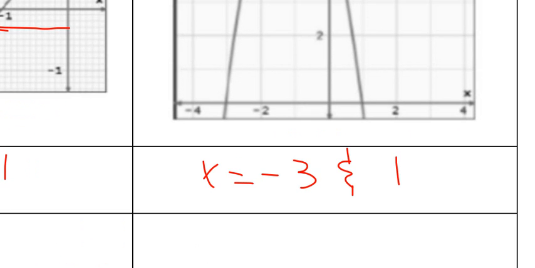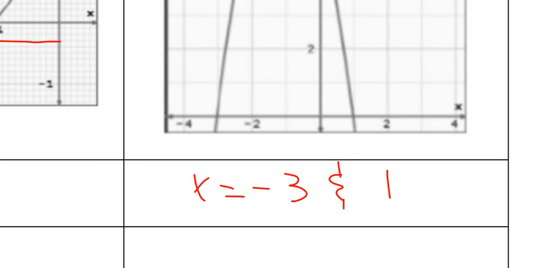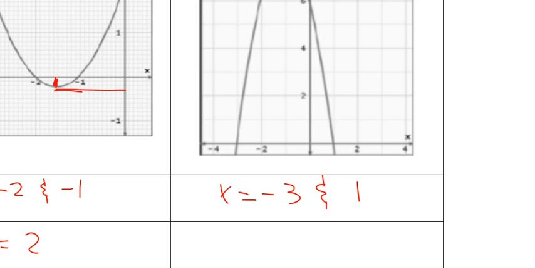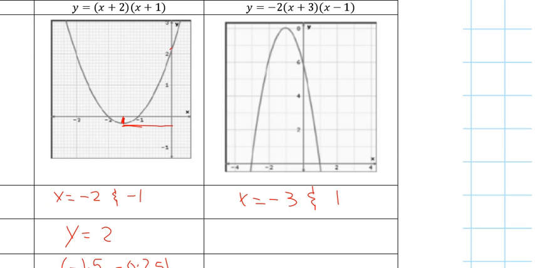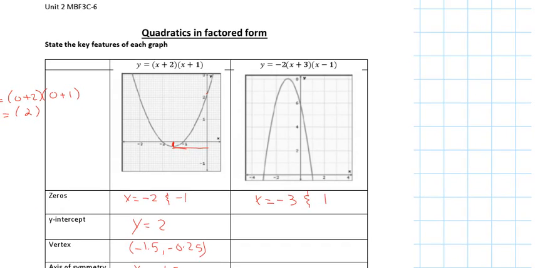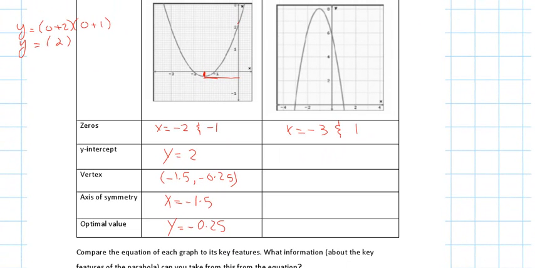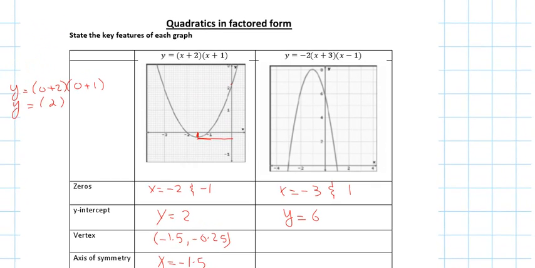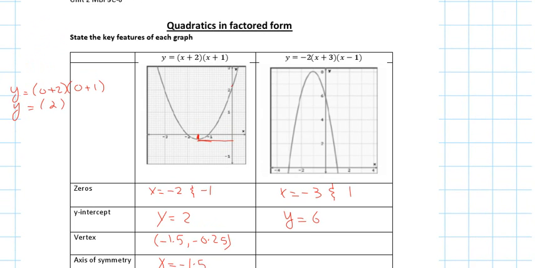You see it's right there in the middle between 0 and 2, and this is between negative 2 and negative 4. Y-intercept? To the best of our ability, let's do it. 0. So that's going to be 3 minus 1, so that's 3 times negative 1 times negative 2. So yes, it's going to be 6.